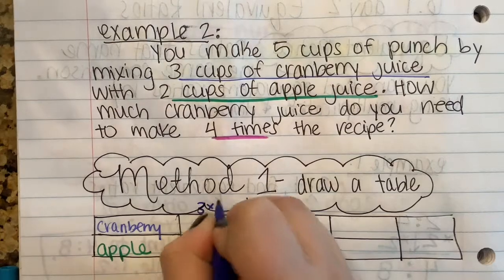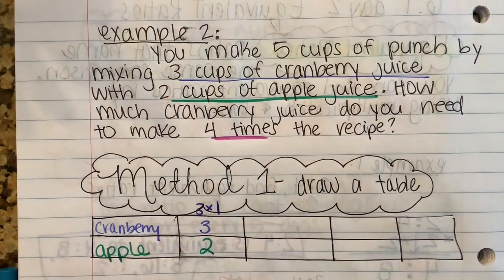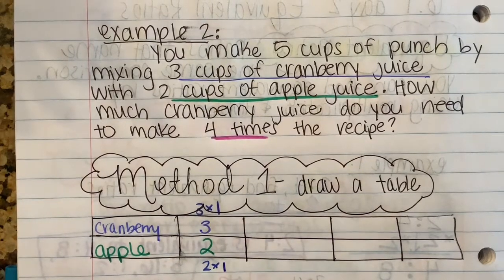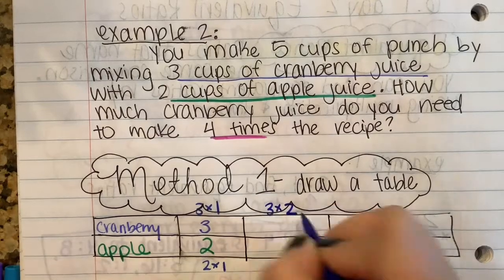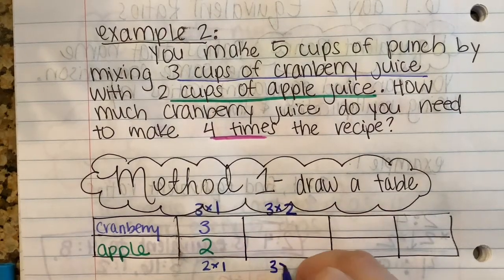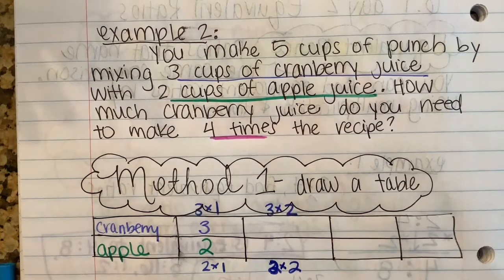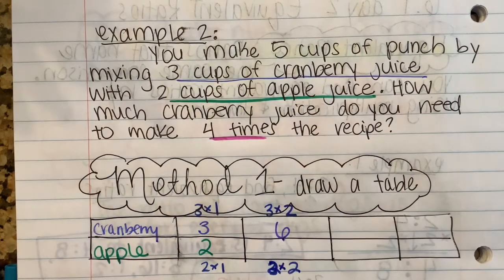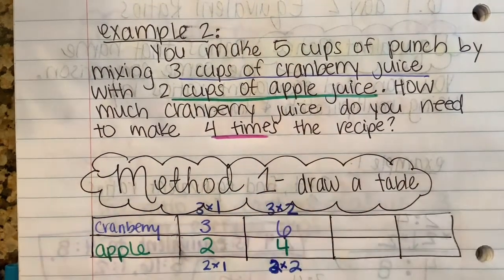I did 3 times 1 to get 3, and I did 2 times 1 to get 2. Now in the next box, I'm going to do 3 times 2. This would be as if I'm doubling the recipe. And 2 times 2. Let's fill it in. 3 times 2 is 6. 2 times 2 is 4.